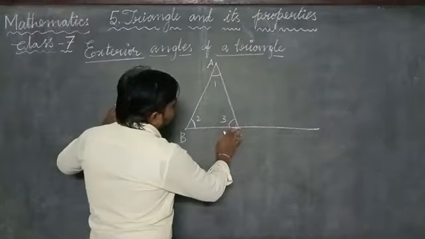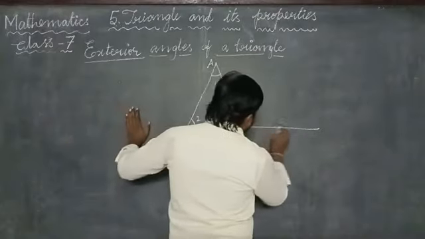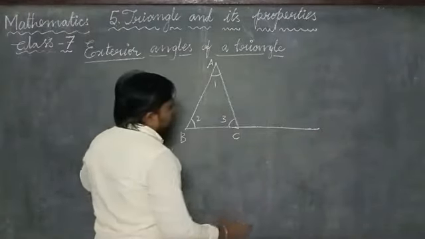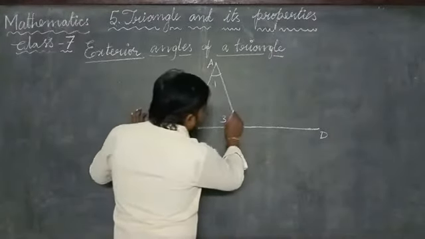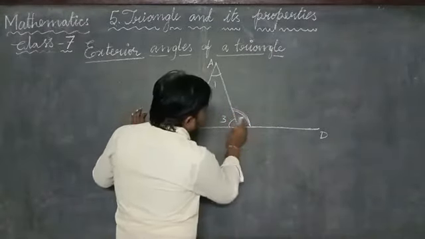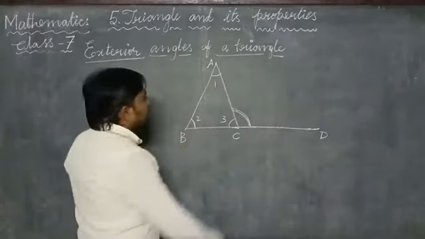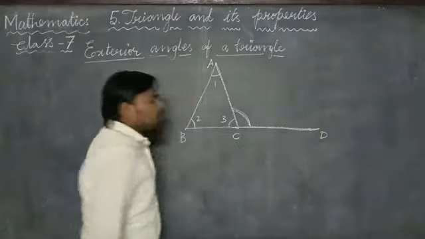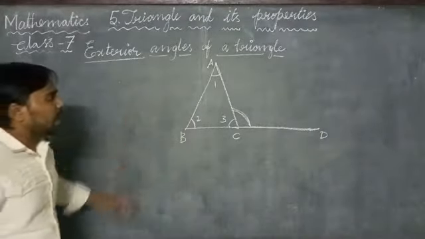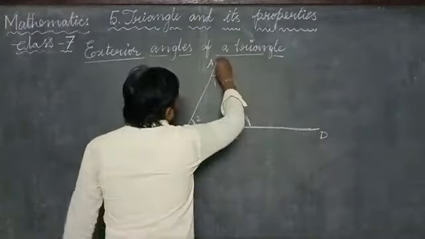Okay, suppose you extend this line segment up to D, then this angle is the exterior angle of this triangle. Here angle ACD is the exterior angle of the triangle.